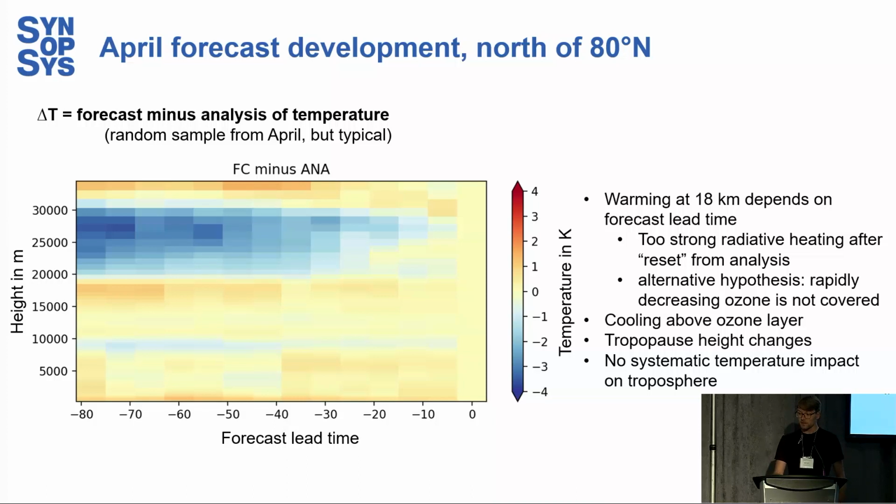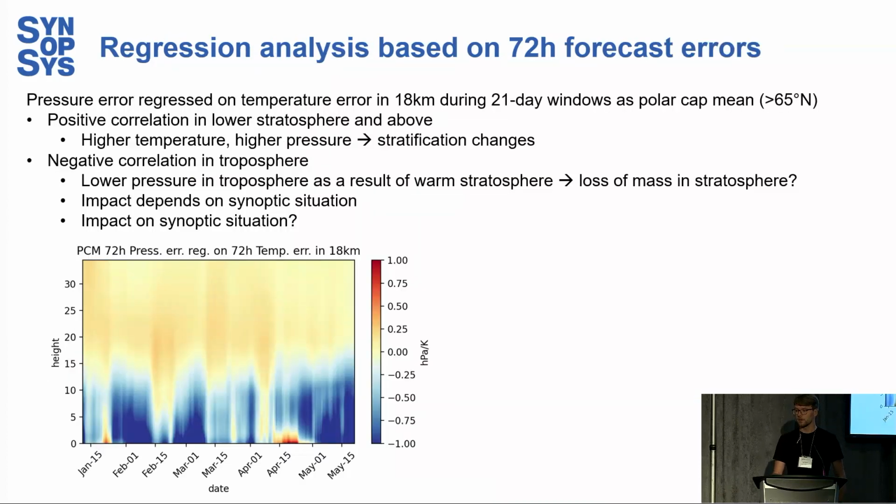But we still see what seems to be a systematic error in some way, because that's only one time step now, but it's quite representative for the whole March-April period.